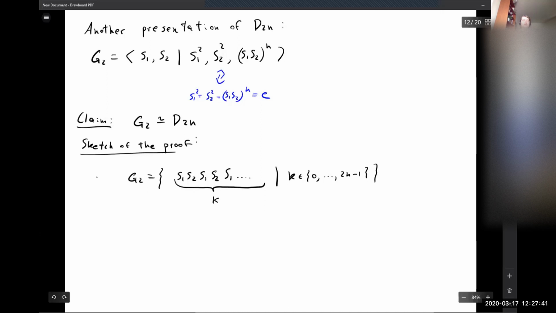And then you prove that all elements are distinct, and that every element using these relations can be brought to that form.